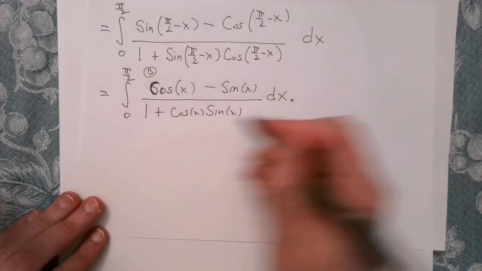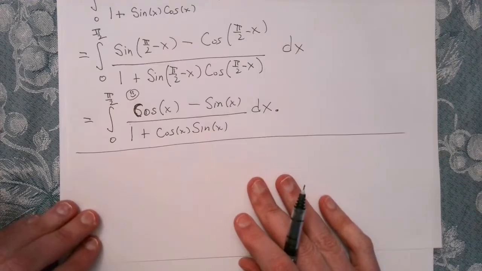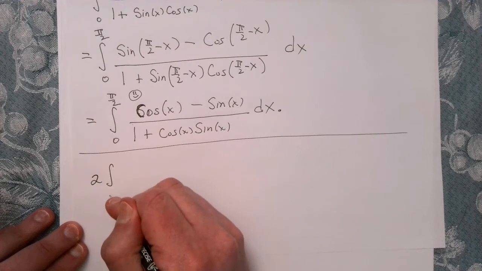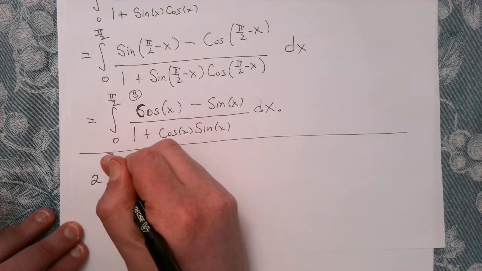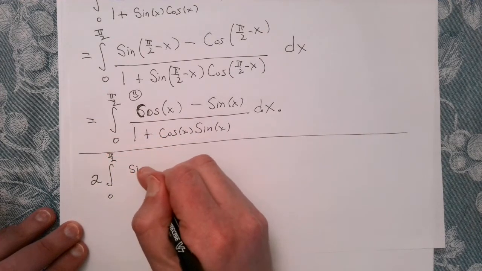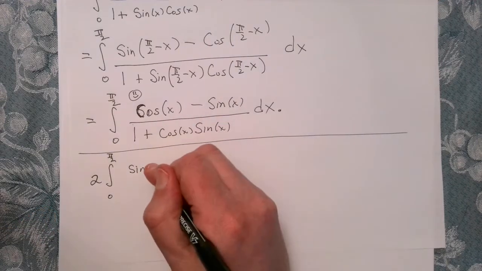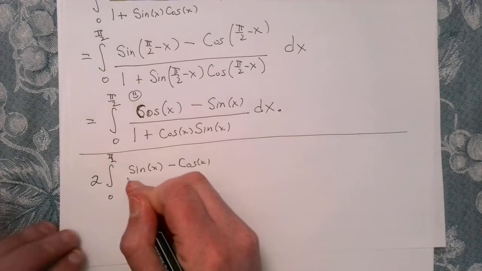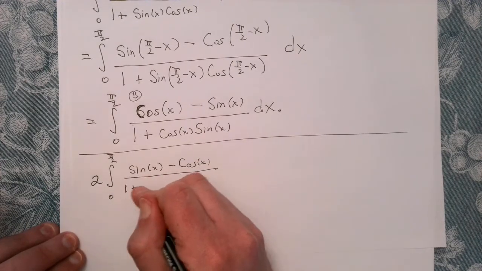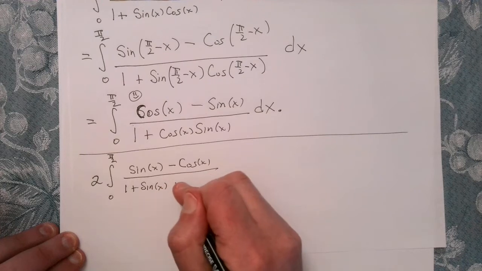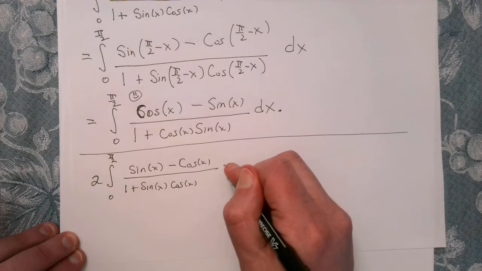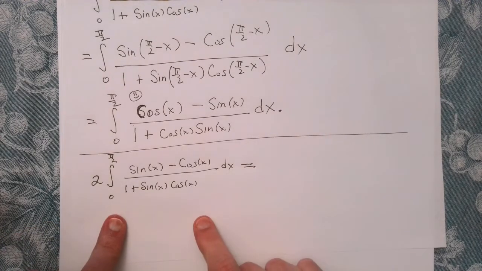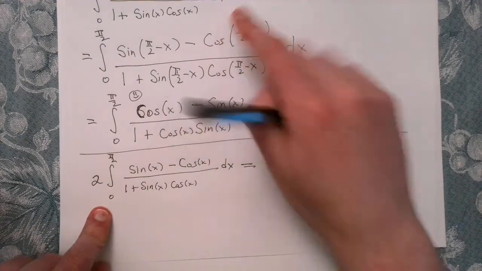So I'm going to take a little side step here. I'm going to say that 2 times the original integral, that's the same thing as doing the original plus itself, right? So 2 times the original integral, I could really think about it as this plus itself.